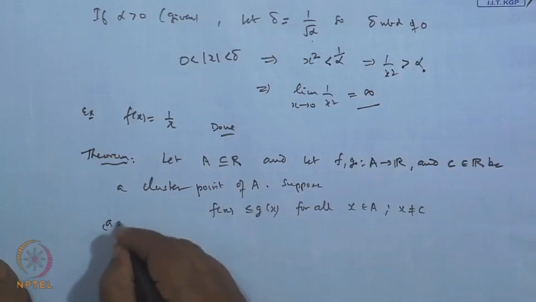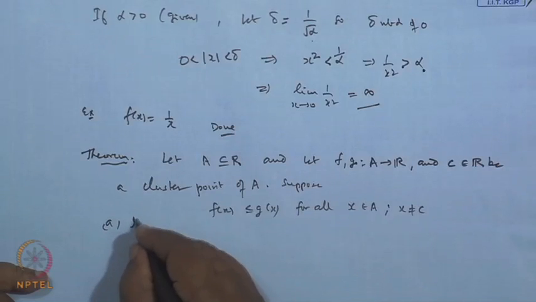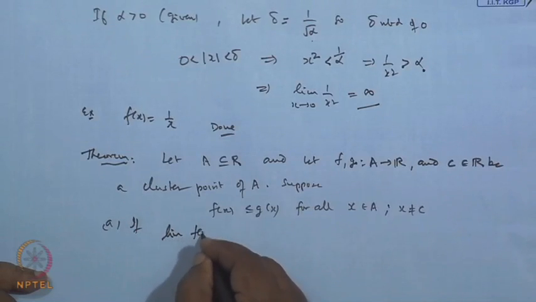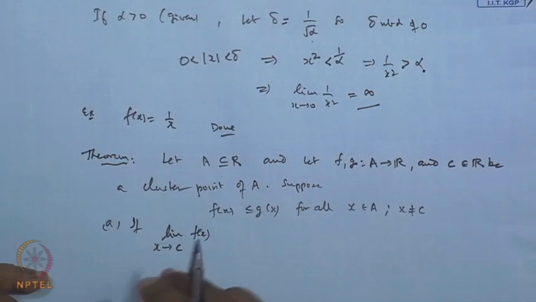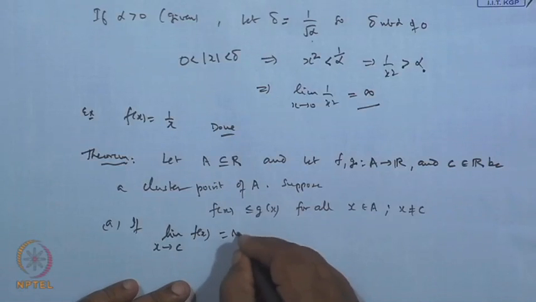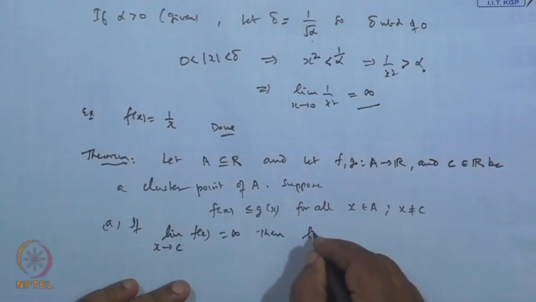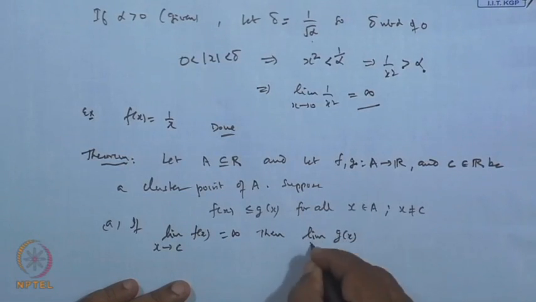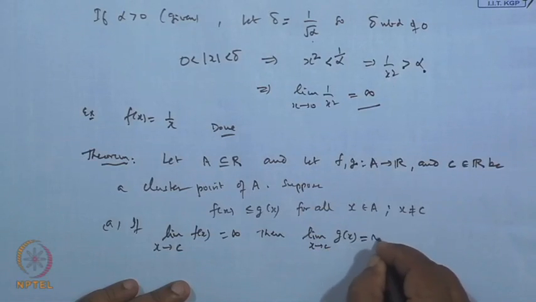Then, if the limit of f(x) when x tends to c is infinity, then the limit of g(x) when x tends to c will also be infinity.